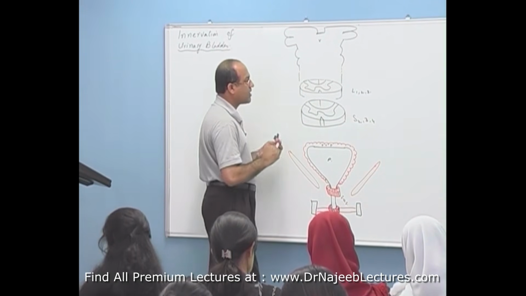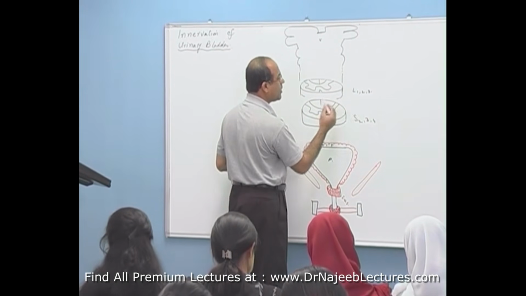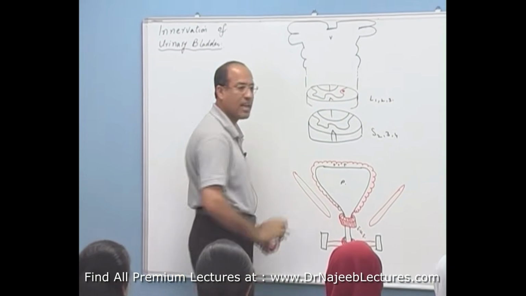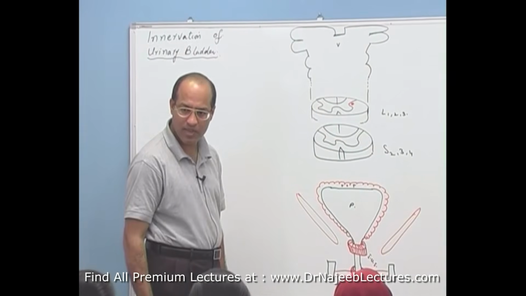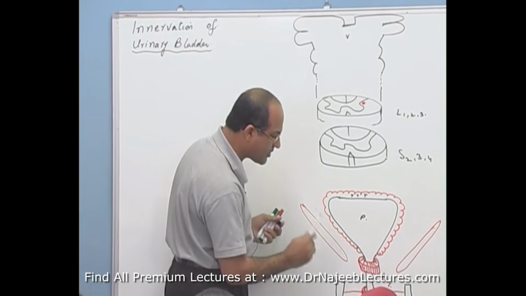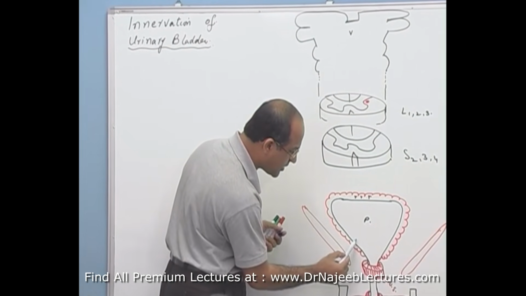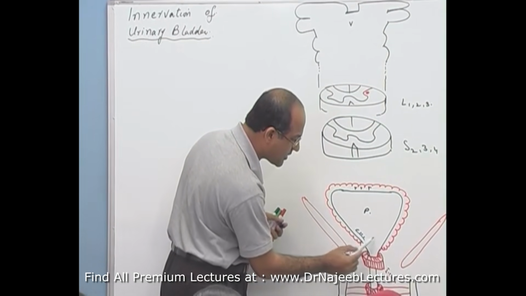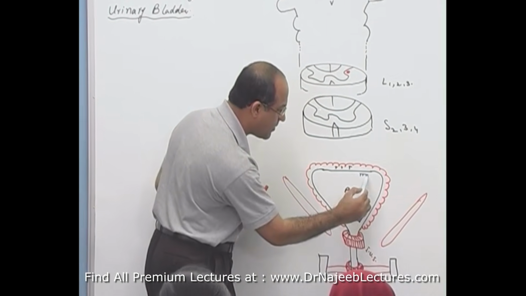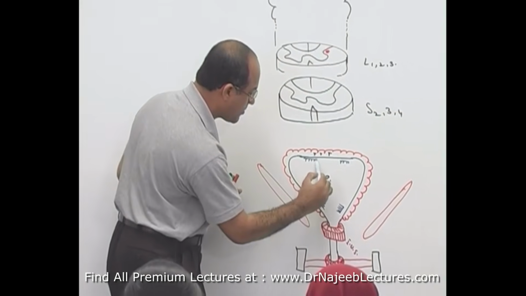Now, actually, in the L1, L2 or L3 level, there is sympathetic outflow from the lateral horn. All of you know that. Before that, I will tell you there are some sensations which are taken up from the trigone and there are sensations which are taken up from the body.